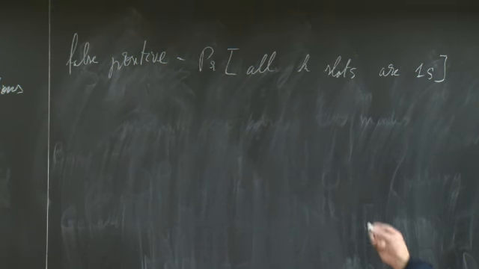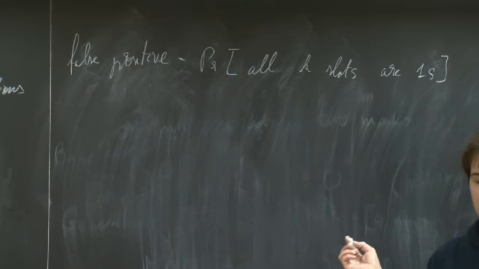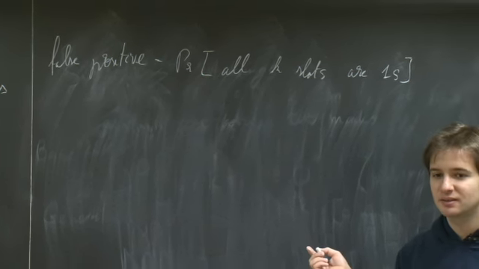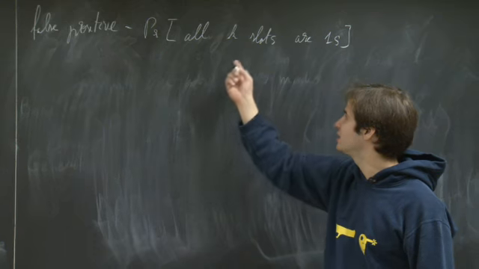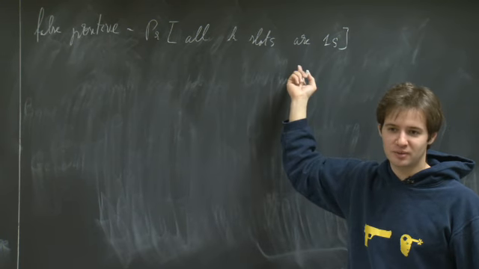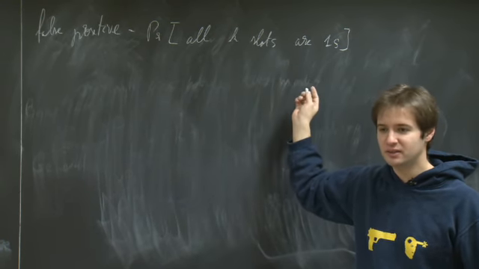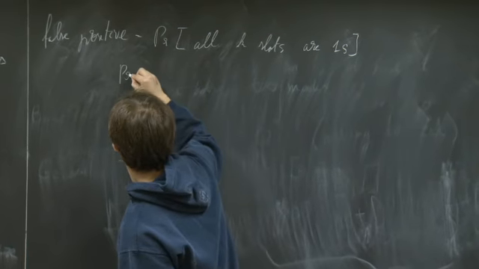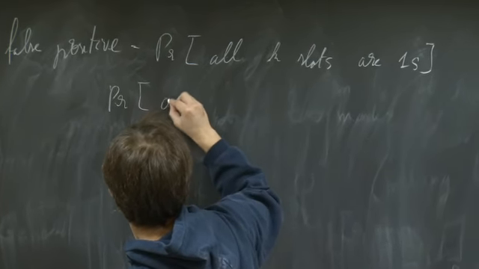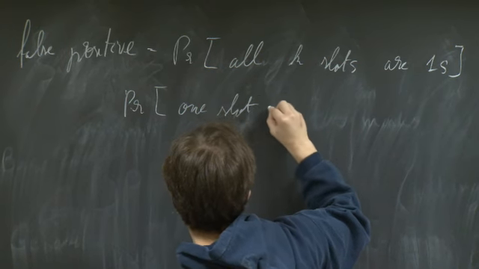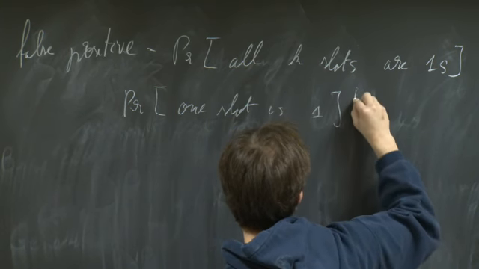Since the hash functions are all independent, this is the probability that one slot is a 1 raised to the power k, because they're all independent slots.